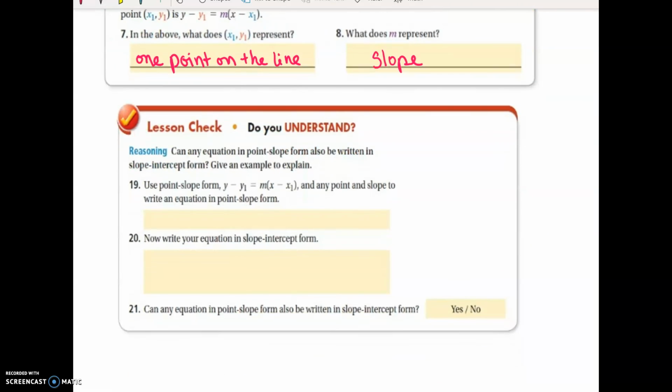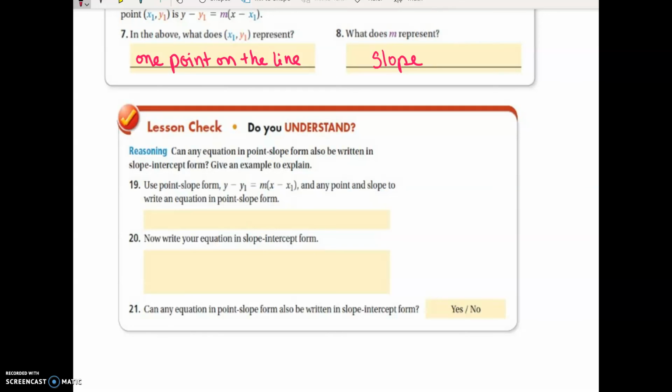The last part, can any equation in point-slope form also be written in slope-intercept form? So give an example. So basically, if we take this equation, if we plug in any point and a slope here, can we write that as an equation in point-slope form?